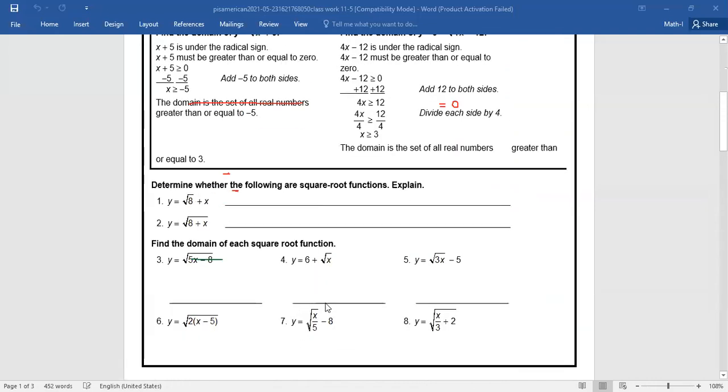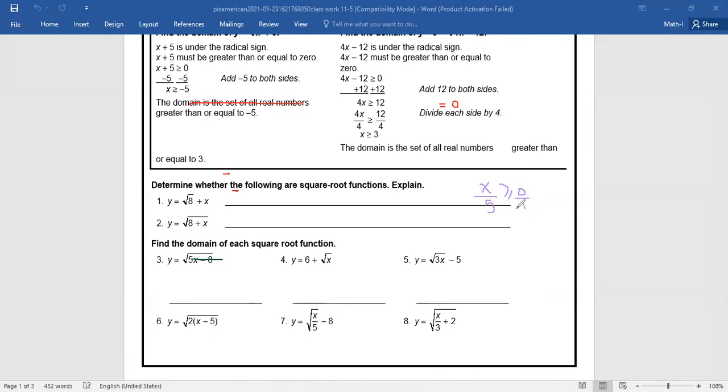Do you know how we can find the domain for this question? We will cut the part under the radical sign. So it will be x over 5 more than or equal to 0.